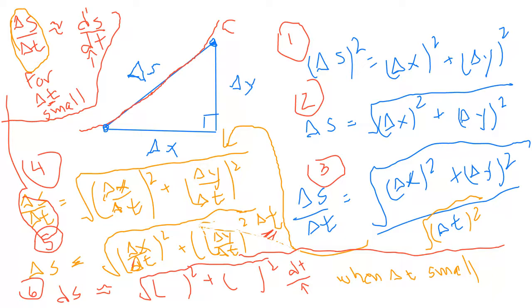And we had a delta x over delta t here, what's going to go right here? That's right, dx dt. And what's going to go where delta y over delta t is? That's right, dy dt. So ds is approximately equal to the square root of dx dt squared plus dy dt squared, times dt.